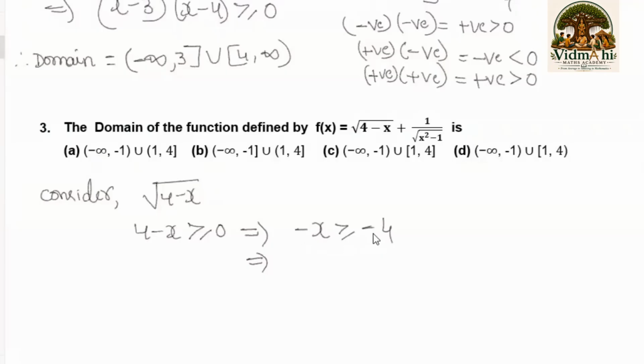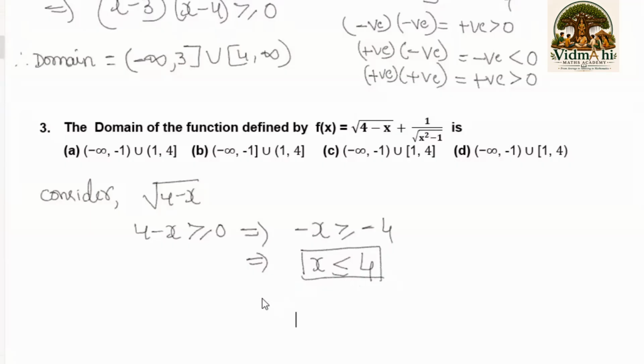To remove the minus, we have to multiply both sides by minus, so that this greater than or equal inequality changes to less than or equal. So that means x is less than or equal to 4. X is less than or equal to 4. Okay, keep it as it is.